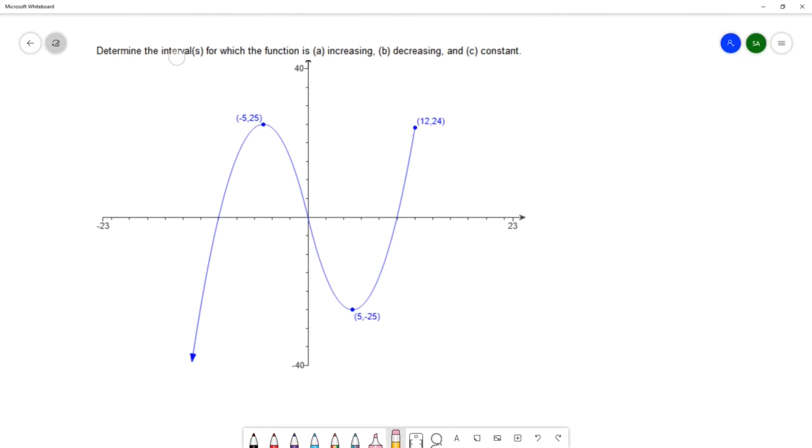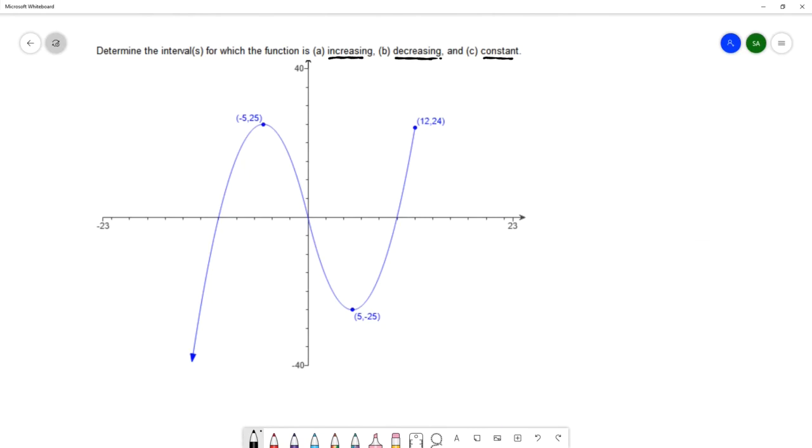Determine the interval or intervals for which the function is increasing, decreasing, and constant. We're given this picture, and we want to identify when the function is increasing, decreasing, and constant. So we need to know what we're referring to when we say these words.